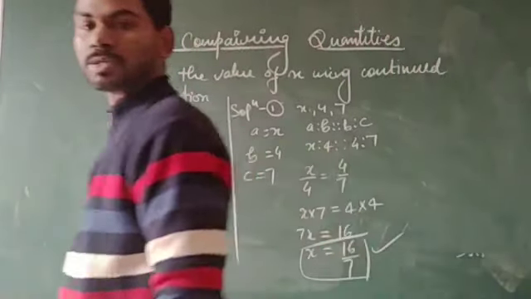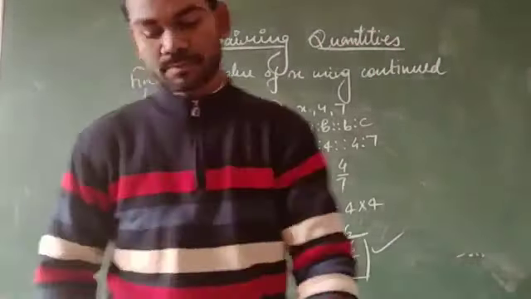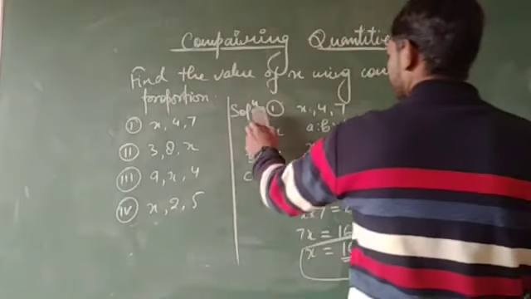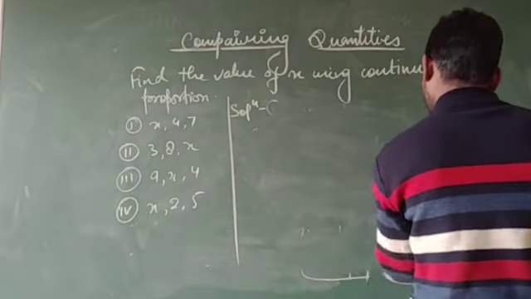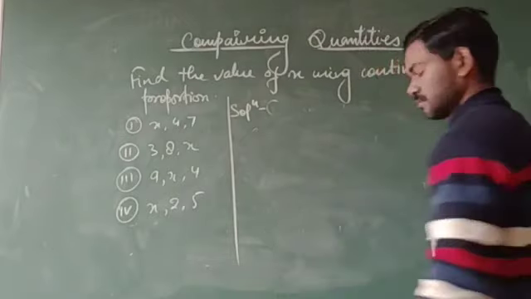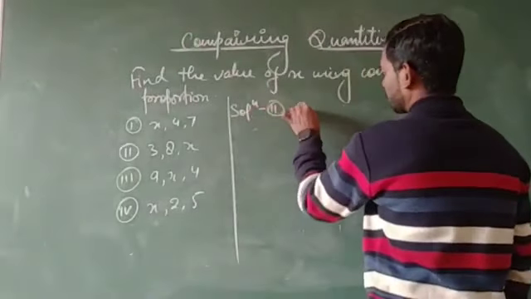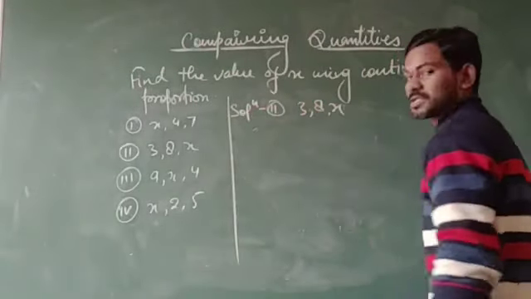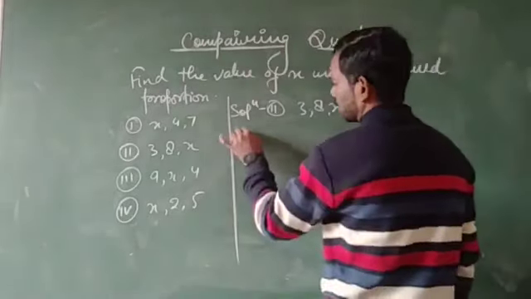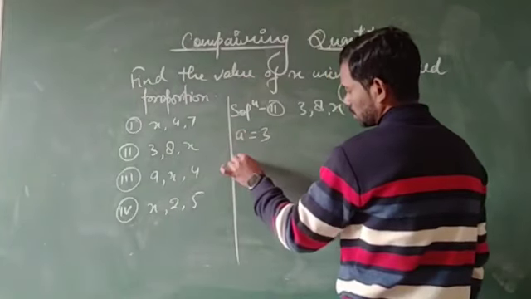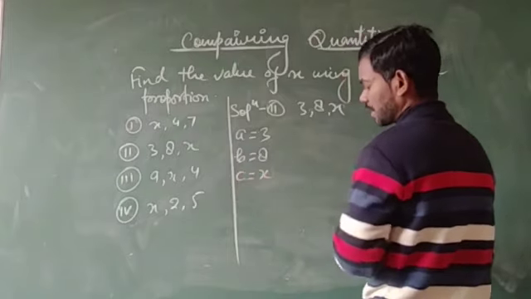I hope you understood this question. Okay student, now let us see the second question. The second question is given here: 3, 8, x. Here we write A equals 3, B equals 8 and C equals x.